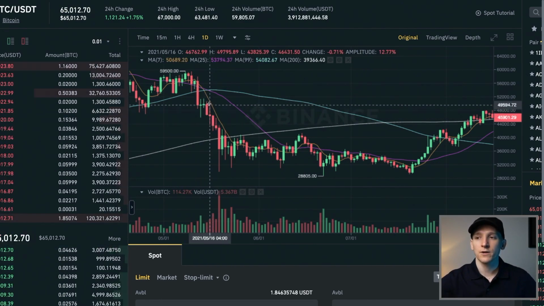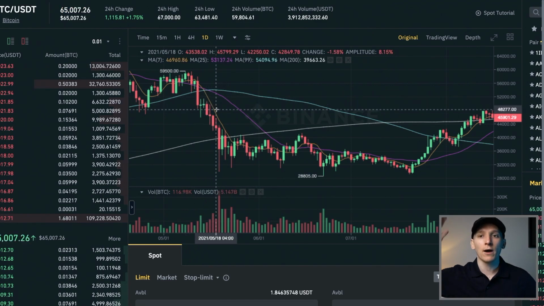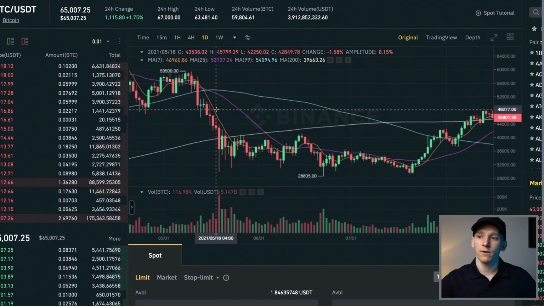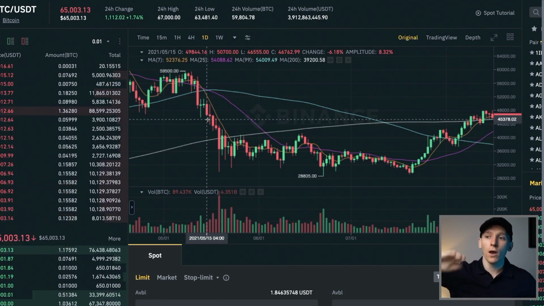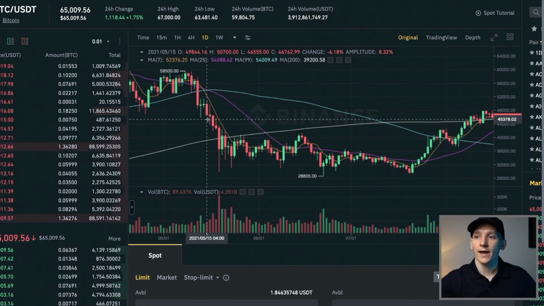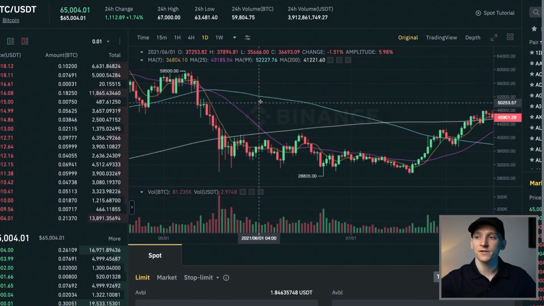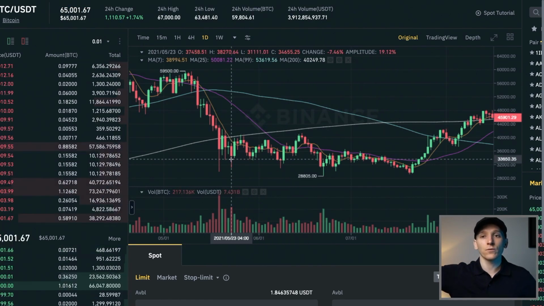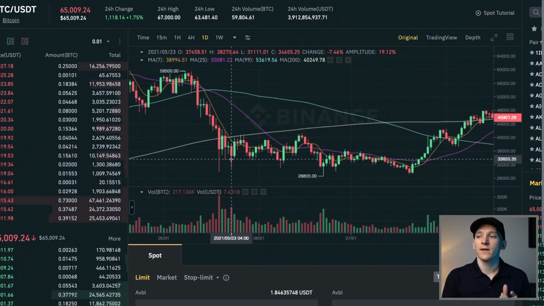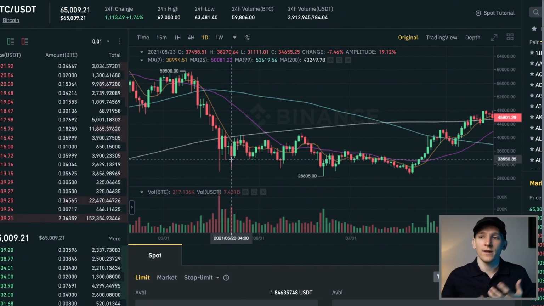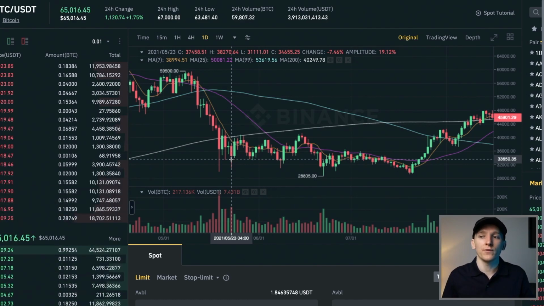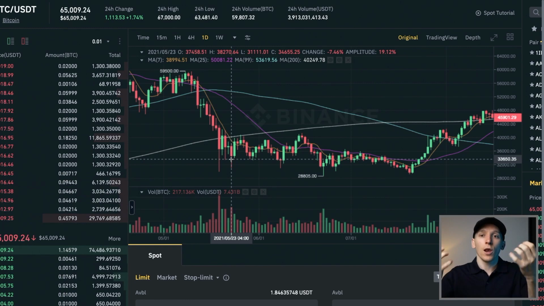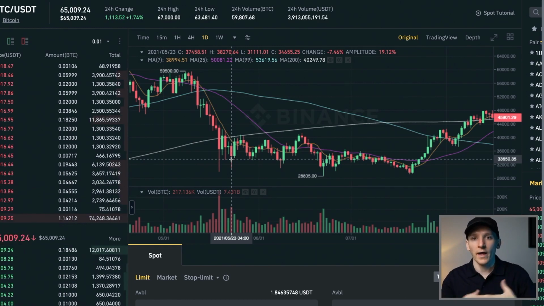So the moving average is really acting like a barrier to the downside. All of the candles are printing below the moving average, and the longer moving averages, the 25, 99 and the 200, the price is also below those. So we would say it's in a little bit of a downtrend here. The prices are below the moving averages, meaning that the prices are lower than previous. So that is a downtrend.